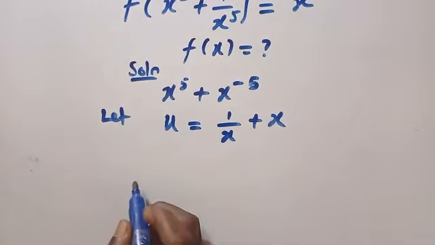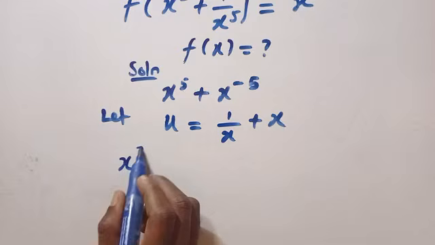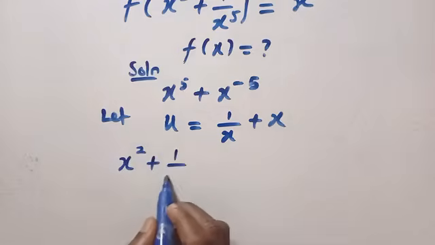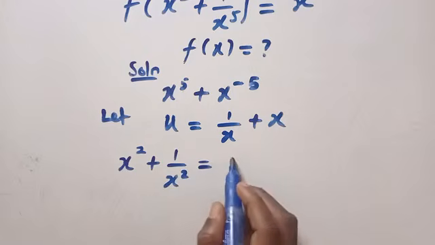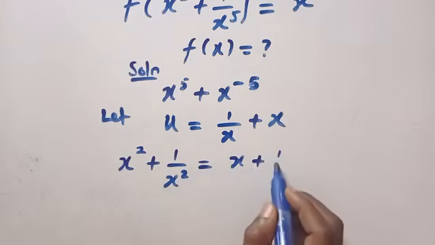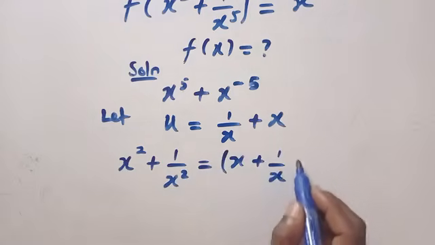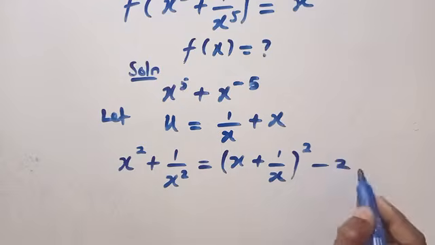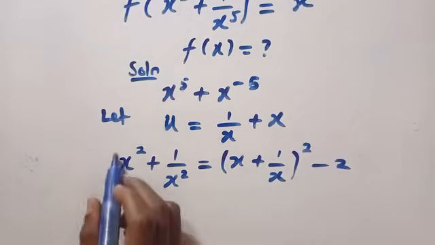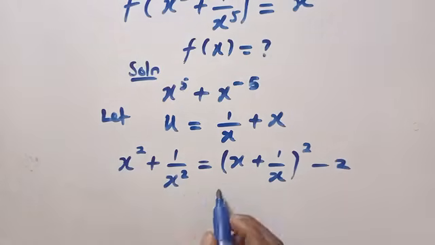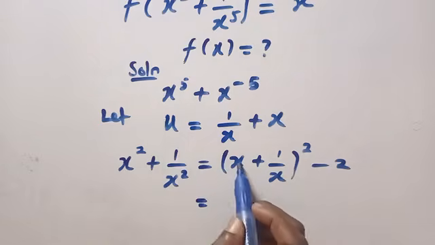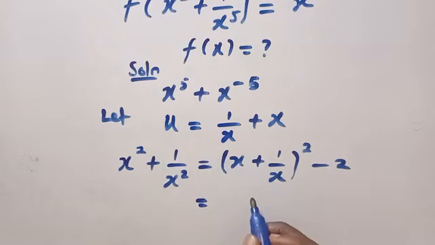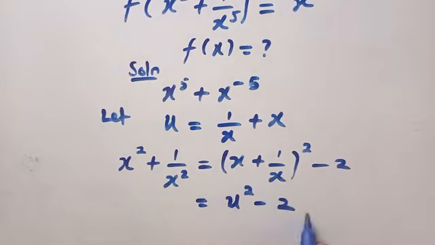Let's find x power 2 plus 1 divided by x power 2. This is the same thing as x plus 1 divided by x all raised to the power of 2 minus 2. With x power 2 plus 1 over x power 2, since we are given u equals x plus 1 over x, this becomes u squared minus 2.